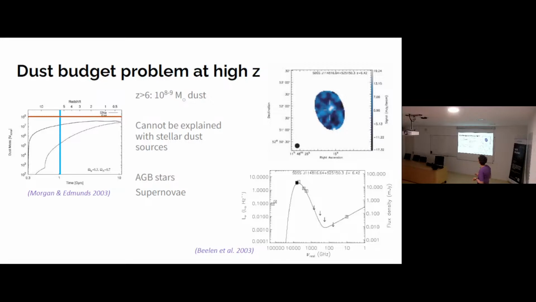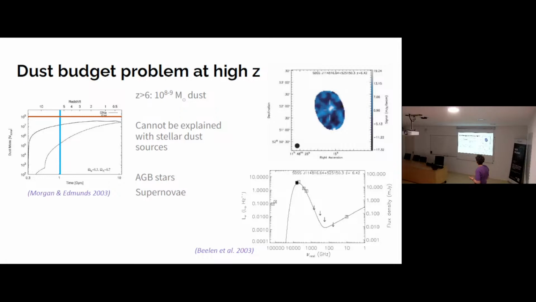The problem with AGB stars is that they haven't evolved enough, because they're solar type stars. At 1 gigayear after the Big Bang, they haven't reached the stage of dust formation yet.